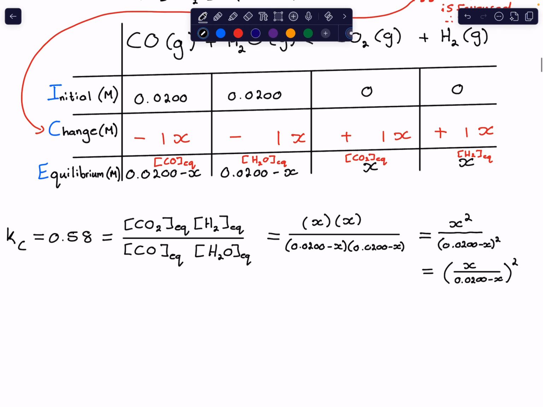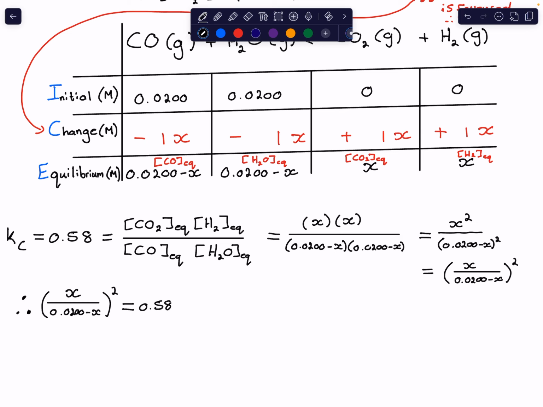Okay, so let's write this a bit more explicitly, because remember this whole expression is now equal to 0.58. So in principle, x divided by 0.0200 minus x, squared, is equal to 0.58.